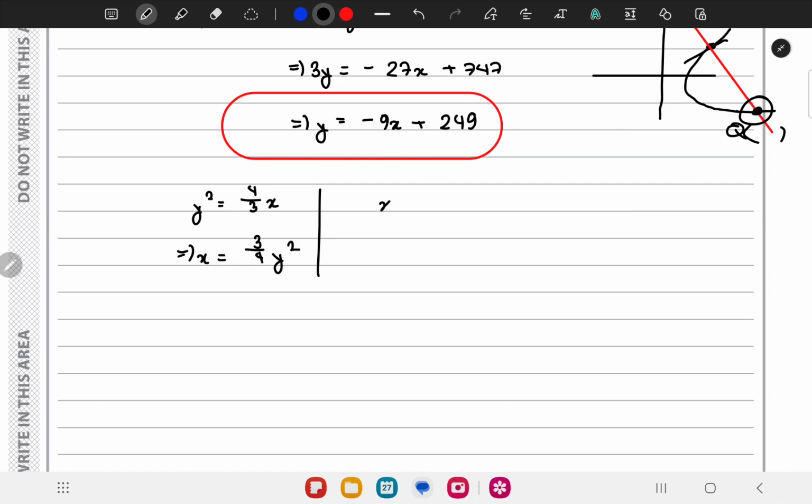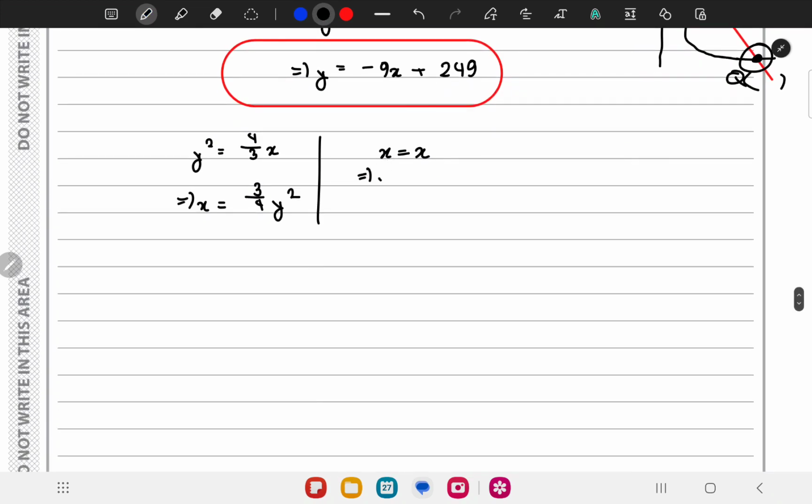The x for the parabola will be the value of x for the normal, for them to intersect. Again, we'll have y equals minus 9 times 3 by 4 y square plus 249. Usually we do y equals y, but in this case, if I wanted to make y the subject, I'd have root over 4 by 3x. I don't want to work with square roots over here. It's easier to work with this.